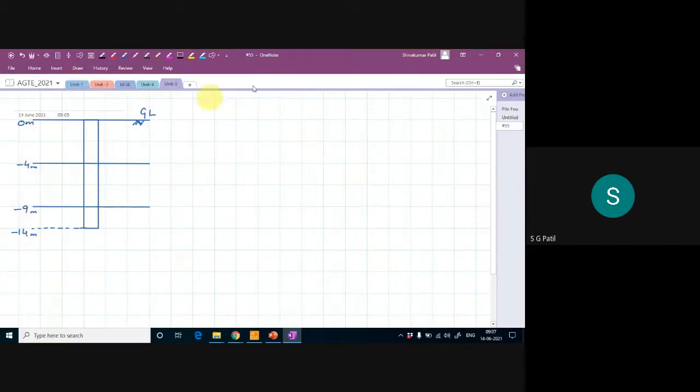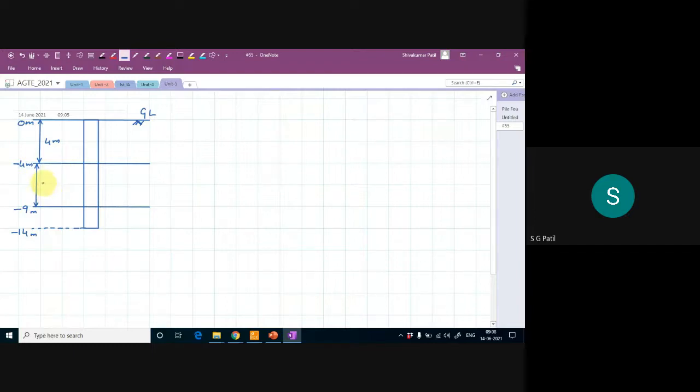Then what is the depth of the top soil layer? It's 4 meter. I think this is -14 here; no, here -4 meter it is. What is the depth of this middle soil layer?